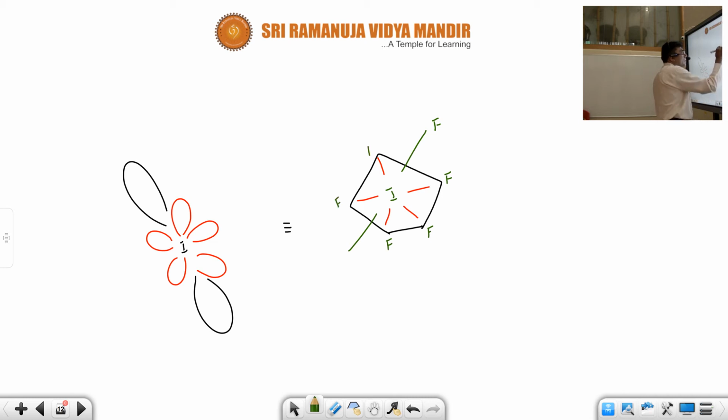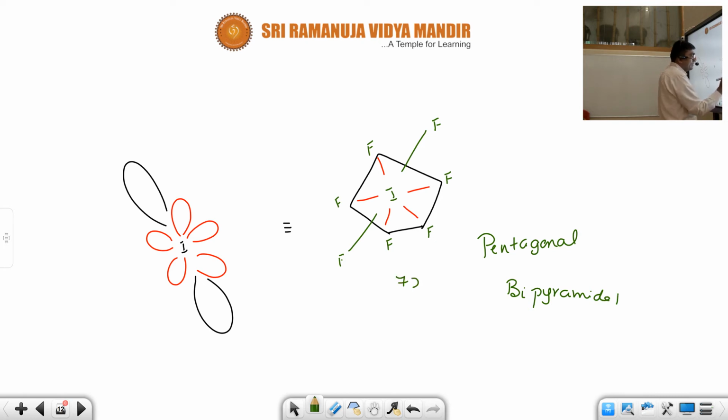What structure? Pentagonal bipyramidal structure, with a bond angle of 72 degrees. Here the bond angle is 72 degrees with hybridization sp3d3. So this is all about the hybridization based on the number of electron pairs.